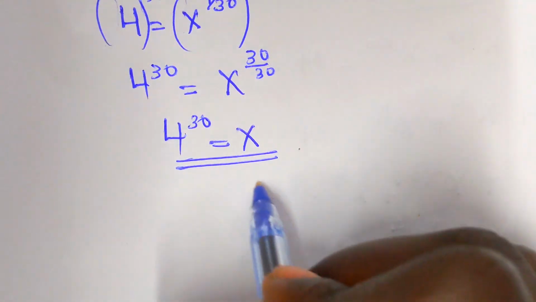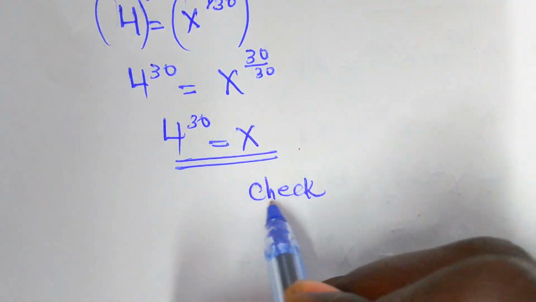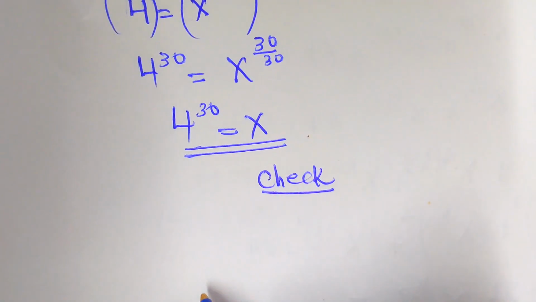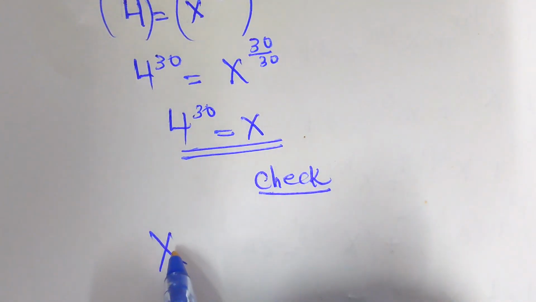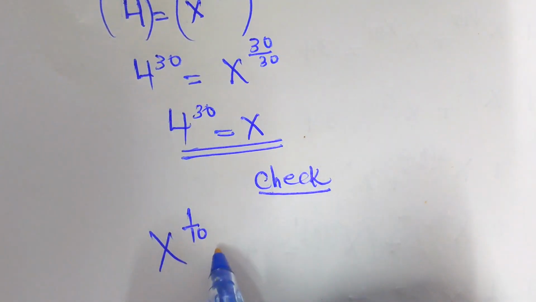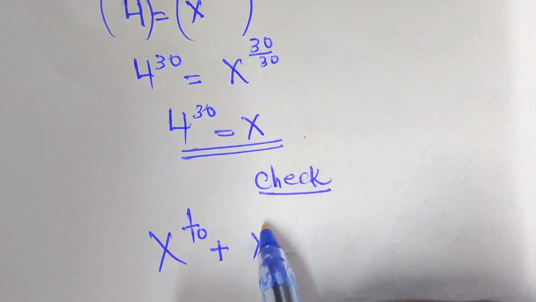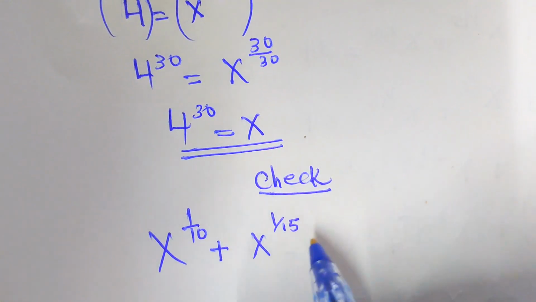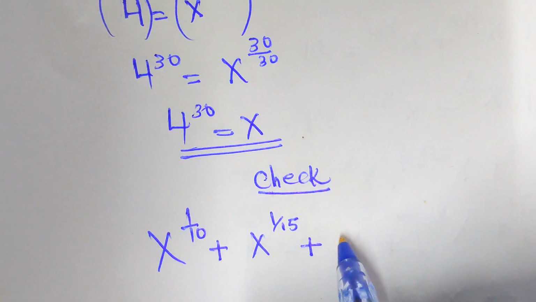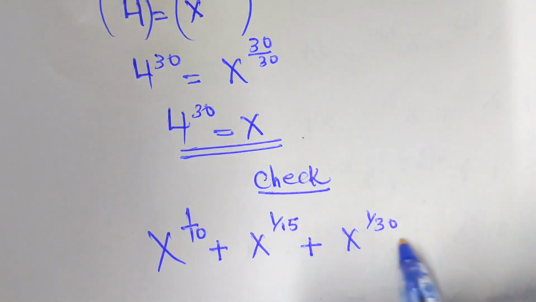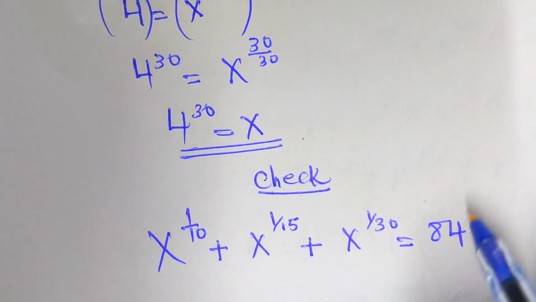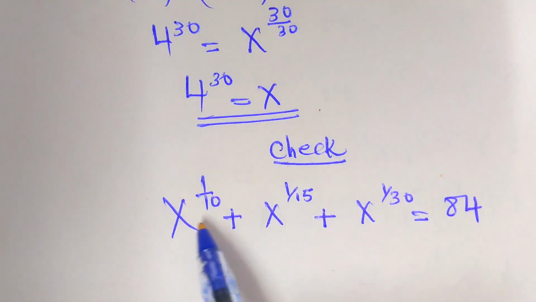We always have to check if our answer is correct. We were given x^(1/10) + x^(1/15) + x^(1/30) = 84.